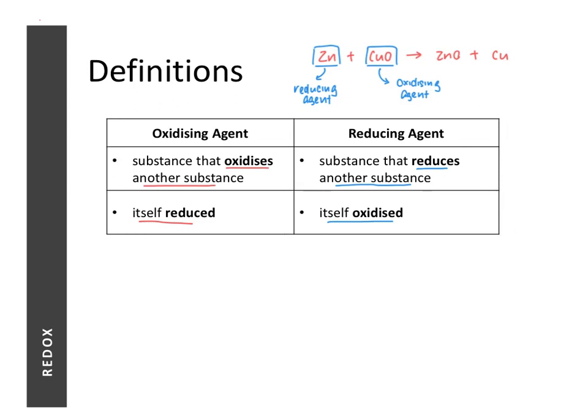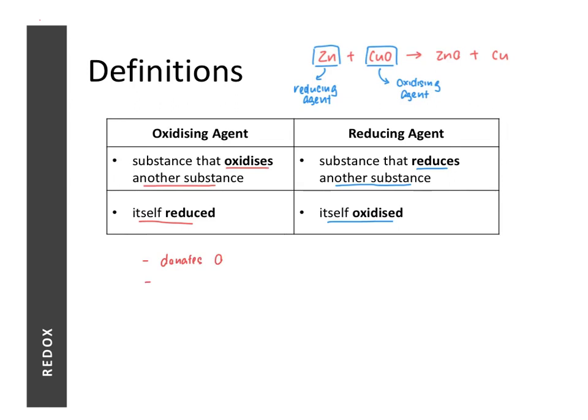So when we say that an oxidizing agent is reduced, what does it mean when a substance is reduced? It has lost oxygen. So an oxidizing agent is one that donates oxygen to another substance. Similarly, when we say that an oxidizing agent is reduced, it means that it has taken in hydrogen.